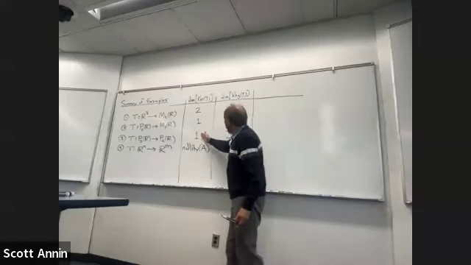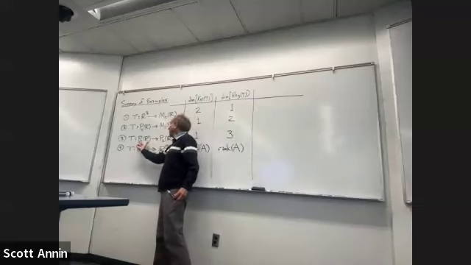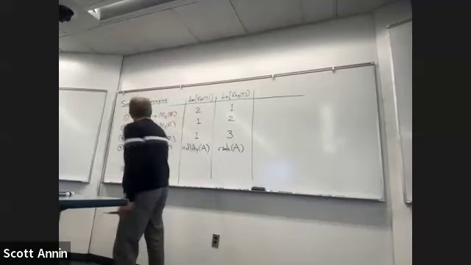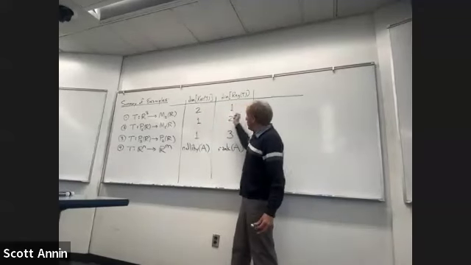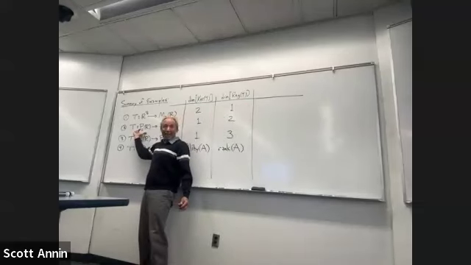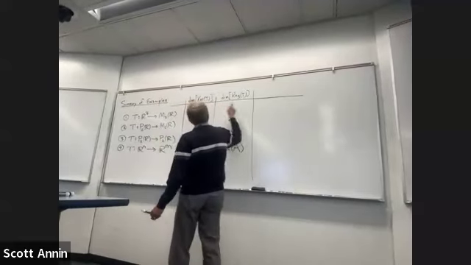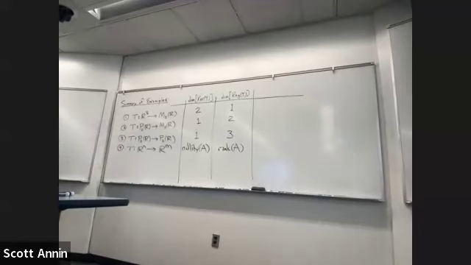The dimension of the kernel plus the dimension of the range adds up to the dimension of V. The dimension of P3 is 4. 1 plus 3 is 4. Check this one out. 1 plus 2, the kernel plus the range adds up to 3, which is the dimension of P2 of R. Same thing on the first example, 1 plus 2 adds up to the dimension of Rn, which is 3.